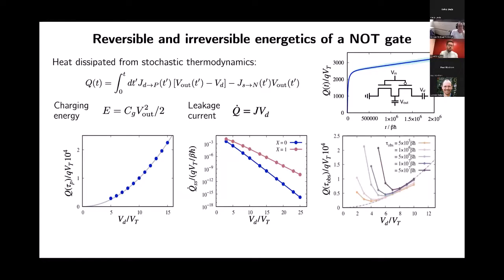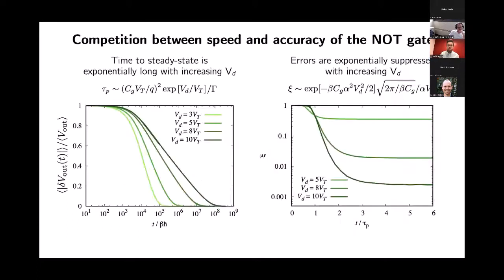And so there's an interplay, actually. There's the reversible charging behavior that scales like V_D squared, and the irreversible entropy production that actually gets suppressed as I increase the driving voltage. And as a consequence, there's a non-monotonic relationship between the heat and that driving voltage. So higher bias gives us higher charging energies, but generically smaller leakage currents, smaller excess entropy productions.